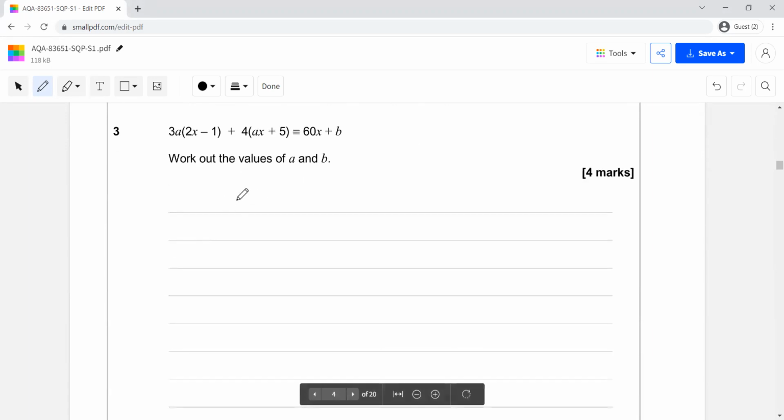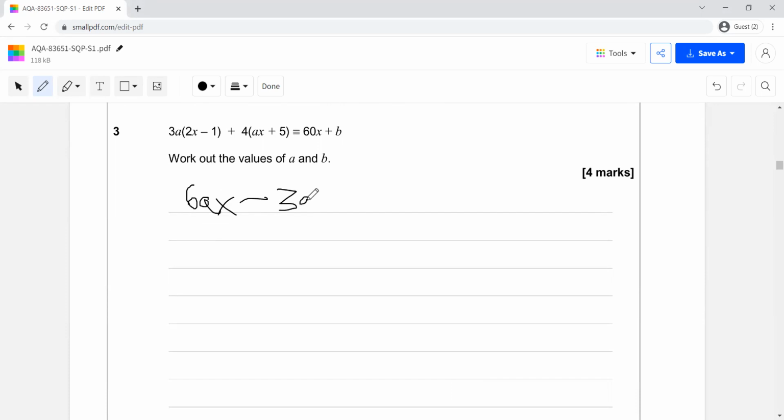Question 3. Now work out the values of a and b. So if I expand out on the left-hand side, I get 6ax minus 3a plus 4ax plus 20 is identical to 60x plus b.